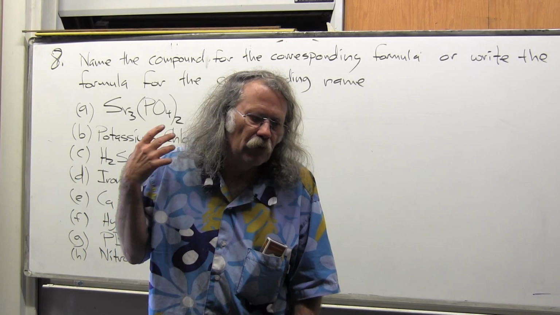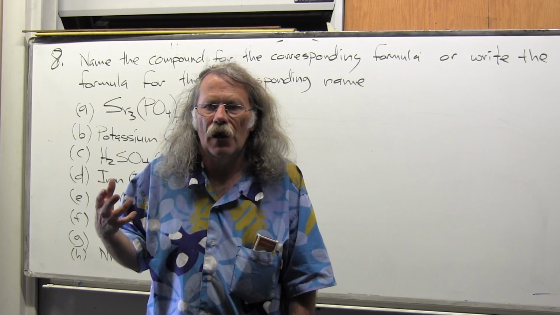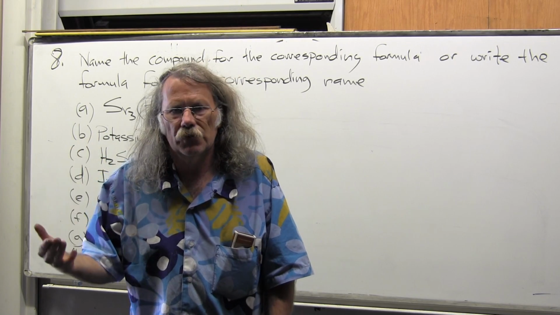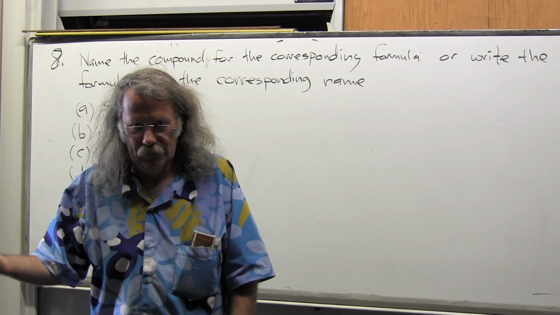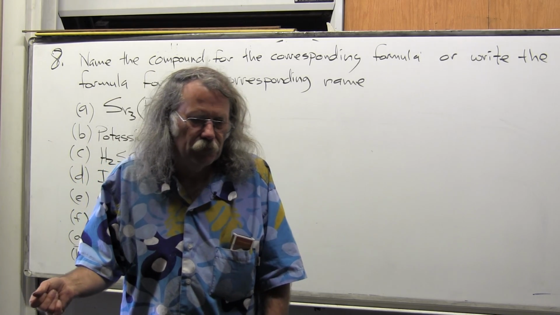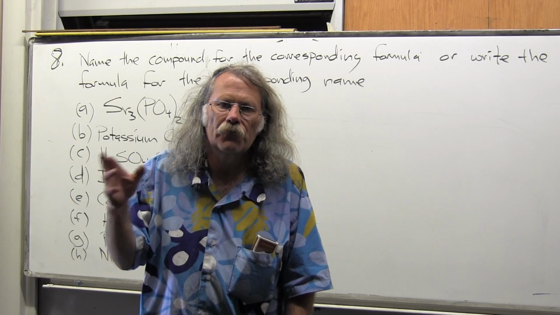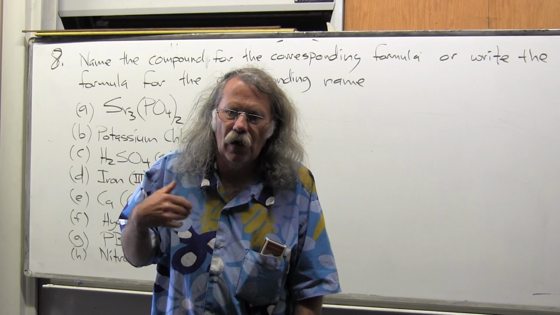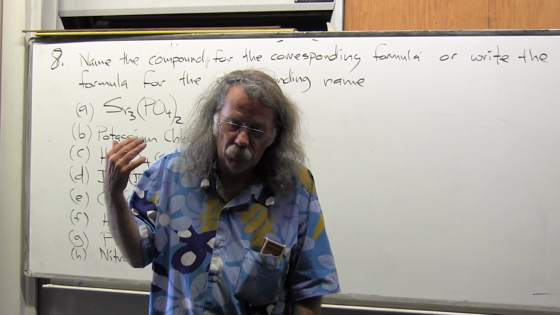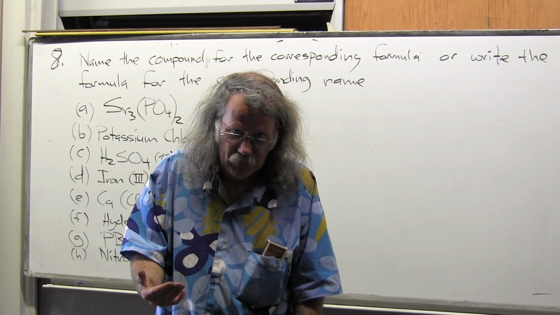And then with the number of oxygens, there are two possibilities. If there are two possibilities, the one with more oxygens is given an "-ate" suffix, with the name of the other non-oxygen element. And the one with fewer is given the "-ite" suffix.